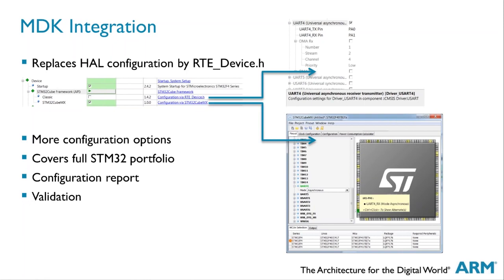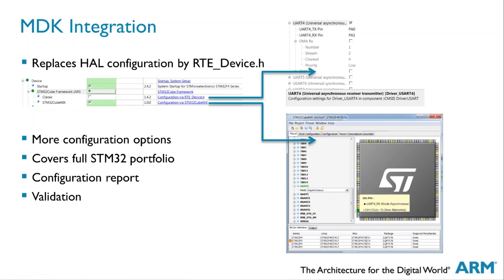It covers every variant that is available, and in addition to just configuring the device, you can also let a configuration report be generated. That's a PDF with all the configurations you've made, which is quite useful for project documentation. And Cube also has the capability to validate inputs you gave, but we will see that in a live example in a minute.